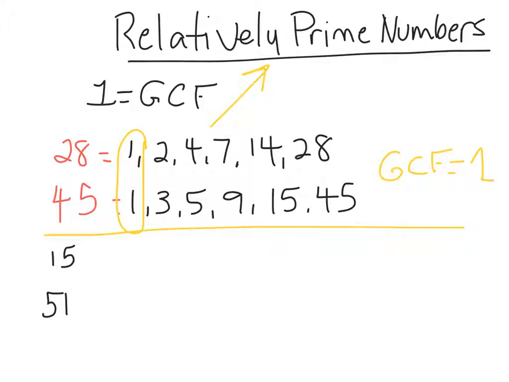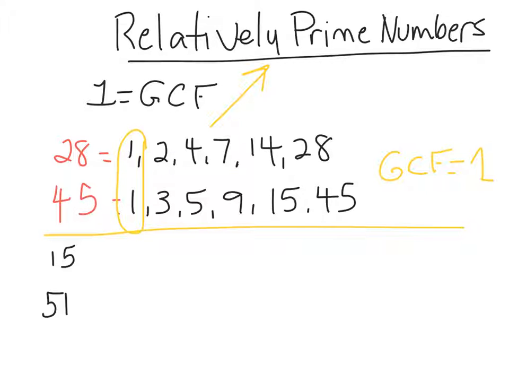Now, relatively prime numbers are going to be when 2 or more non-zero whole numbers have a greatest common factor of 1. So in this case, let me clarify here.